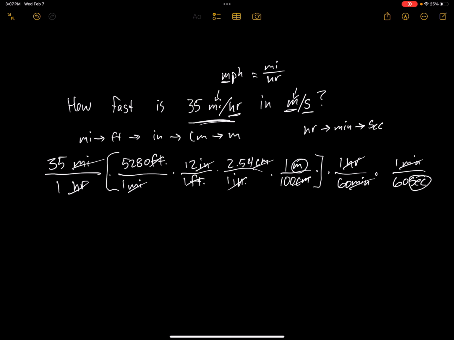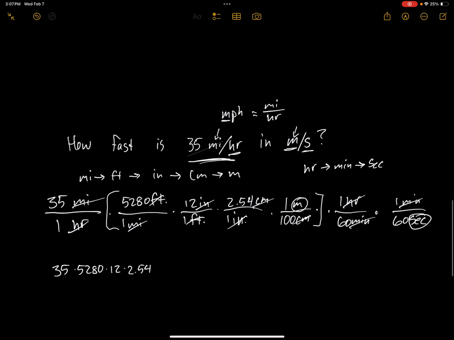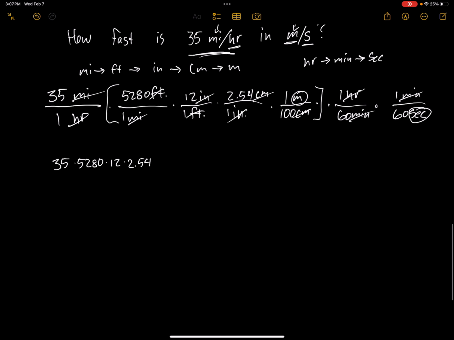And now I can just go ahead and put all of this into my calculator, right? So I'll go 35 times 5,280 times 12 times 2.54. And then it's times 1 times 1 times 1. That doesn't matter. Okay, and then I'm going to go divided by 1, 1, and 1 don't matter, but the 100 does. So 100 times 60 on the bottom times 60.